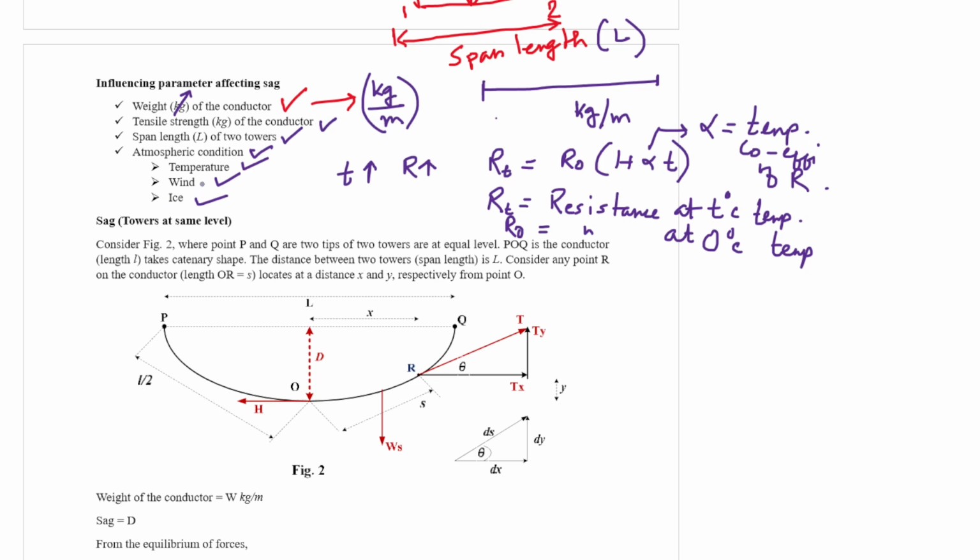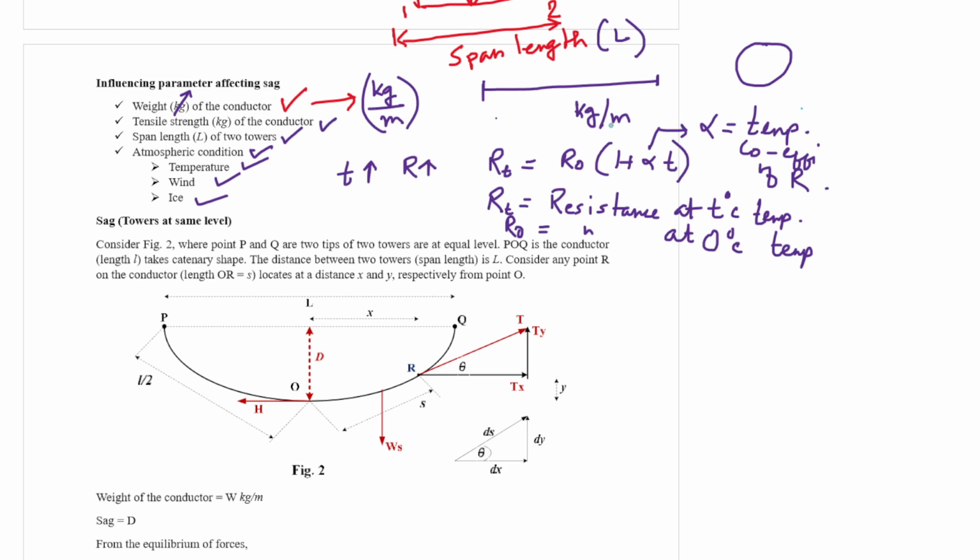Now second will be wind formation. The effect of the wind formation will be discussed. And ice, of course, in winter countries. Let us say this is the conductor, and on the top of the conductor there is a very thick coating of ice, like this.